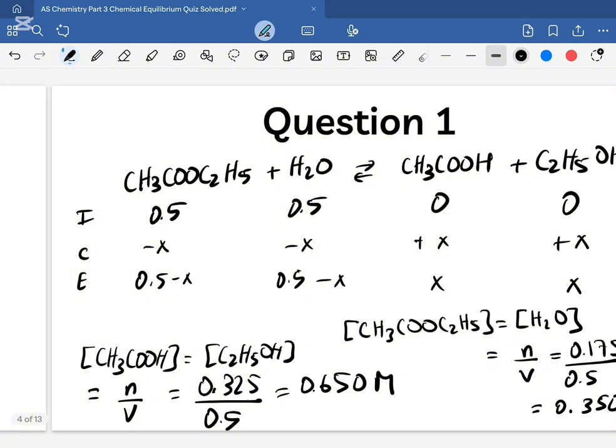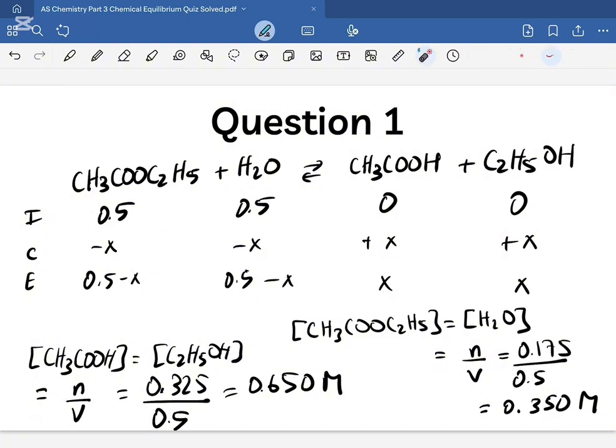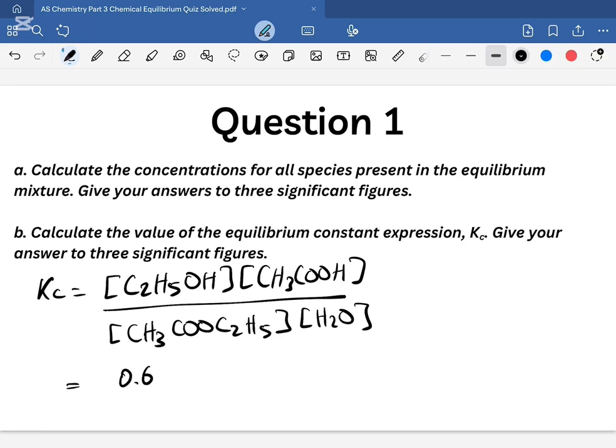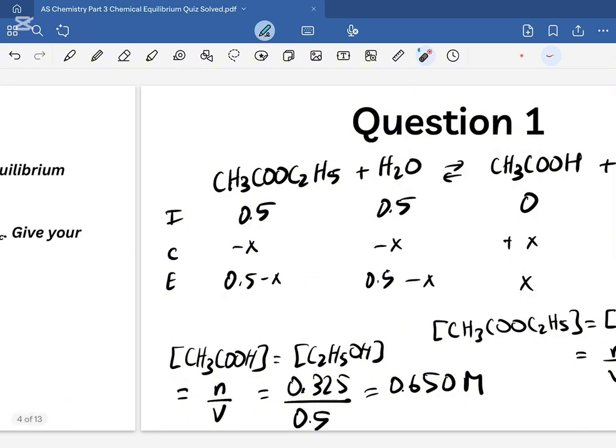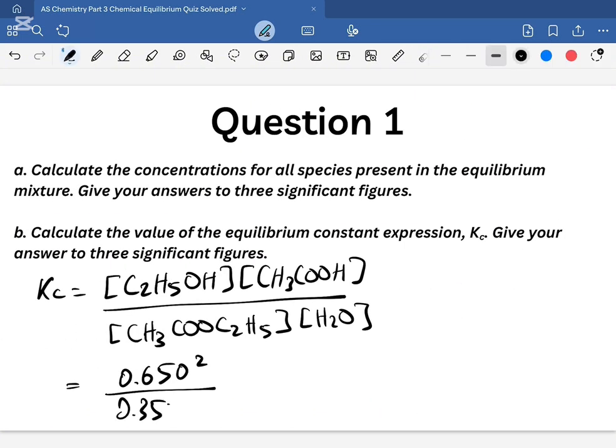The concentrations of the products are 0.650, multiplied together, so it's 0.650 squared over the concentration of the reactants, which were 0.350, so 0.350 squared. The answer is going to be 3.4489. However, they need the answer to 3 significant figures, therefore it's going to be 3.45, as we round up the 4 because we have an 8, which is greater than 5. So this is the final answer for Kc.